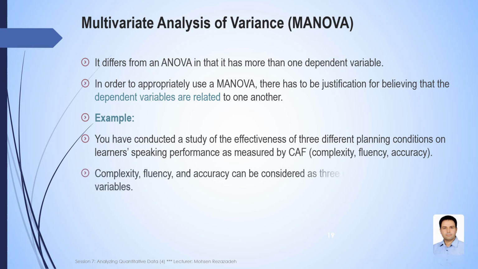Here, complexity, fluency, and accuracy can be considered as 3 related dependent variables because all of them are different aspects of speaking performance in this example. So here we have 3 dependent variables. In fact, we have 3 different measures for speaking ability. This is what we mean by related dependent variables.